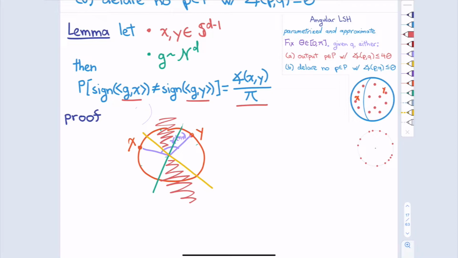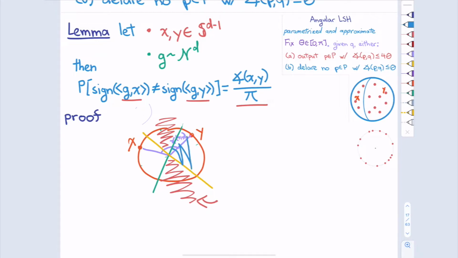I don't know if I drew this very well. Okay, I get it now. If you can kind of see it in this picture, I'm out of colors.